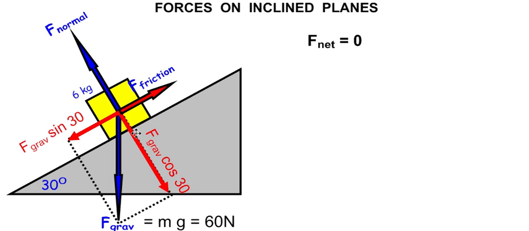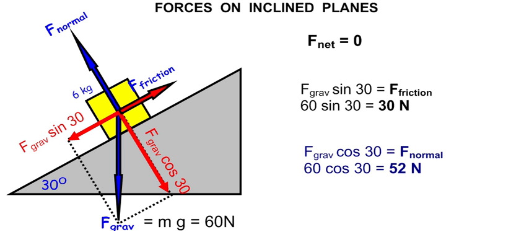And the magnitude of the component perpendicular to the slope that acts opposite to the normal is given by F gravitational cos 30. Doing the calculations, we see that F gravitational sine 30, which is this magnitude here, which should equal the friction, is 60 sine 30, which is 30 newtons. So the frictional force is 30 newtons.